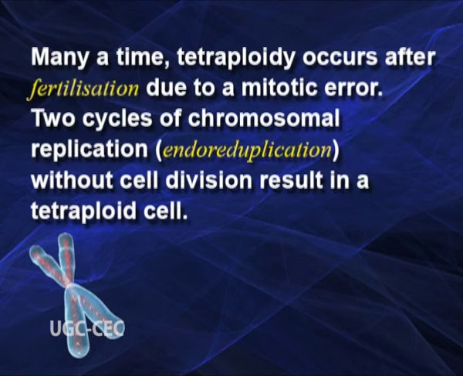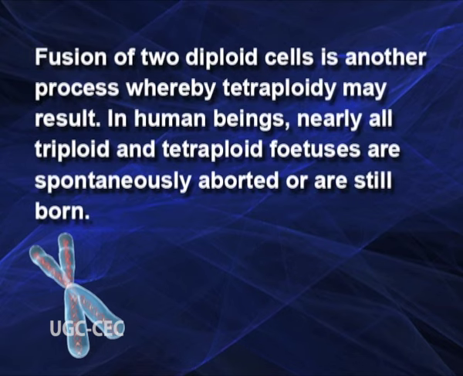Third, many a time tetraploidy occurs after fertilization due to a mitotic error. 2 cycles of chromosomal replication, that is endoreduplication without cell division, result in a tetraploid cell. Fourth, fusion of 2 diploid cells is another process whereby tetraploidy may result. In human beings, nearly all triploid and tetraploid fetuses are spontaneously aborted or stillborn.